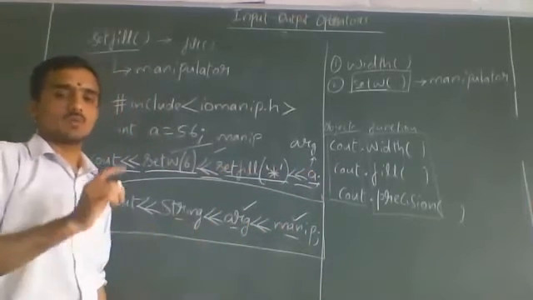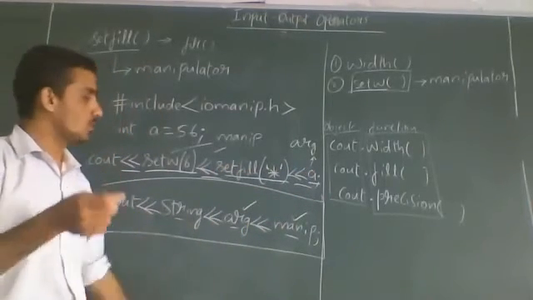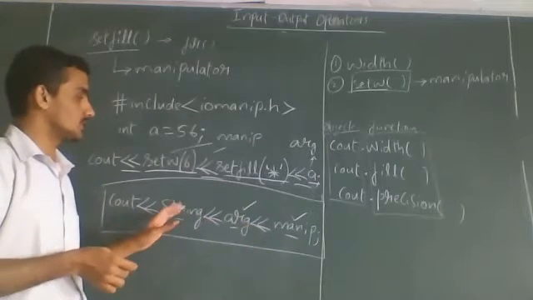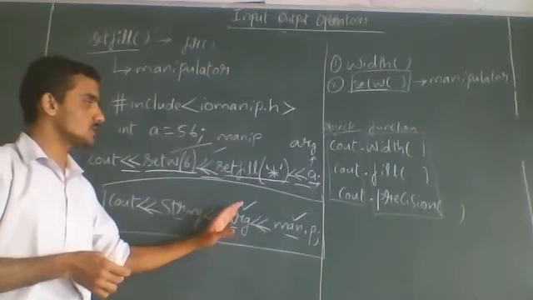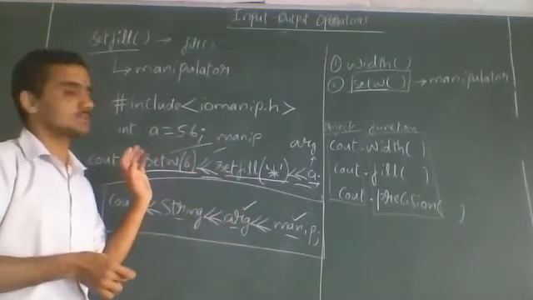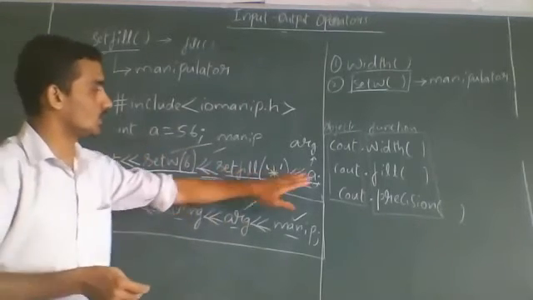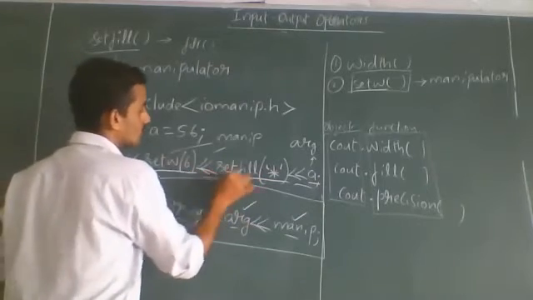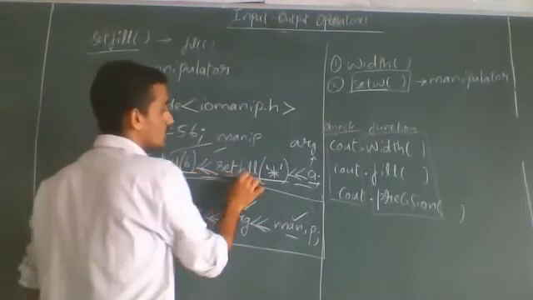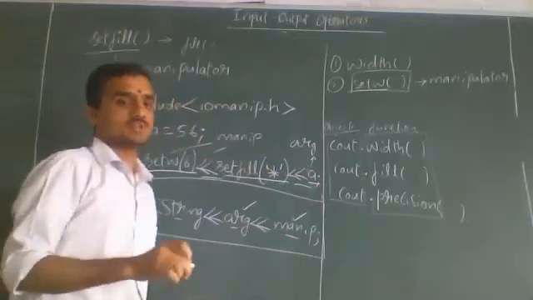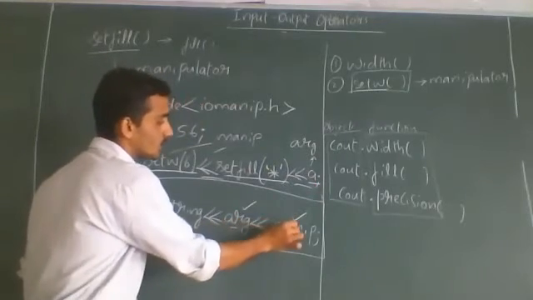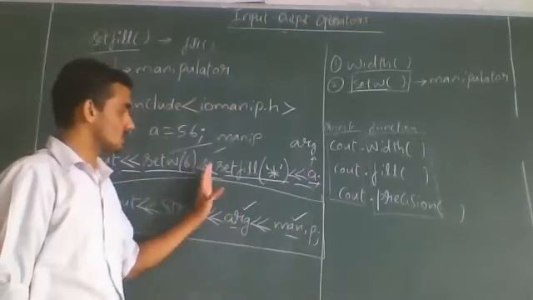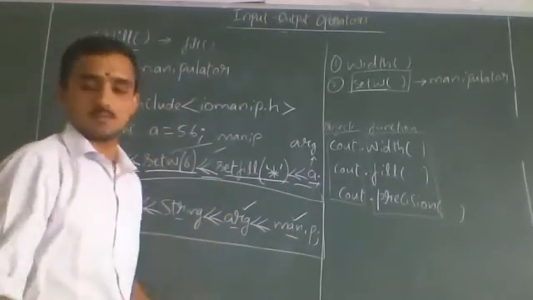Either one argument and one manipulator, or more than one manipulator, or more than one argument, any two things you use, you have to use the insertion operator. So I have used two manipulators, then one argument. You separate the setw manipulator and setfill manipulator by an insertion operator, and again the setfill manipulator and argument by an insertion operator. So when you want to separate between argument and manipulator, or argument and argument, or manipulator and manipulator, then you have to use the insertion operator compulsorily. Okay. Example.